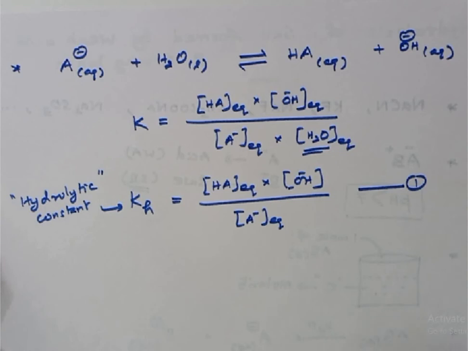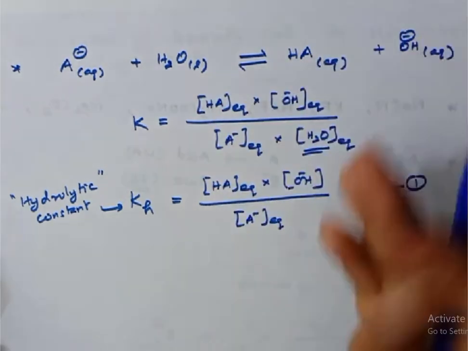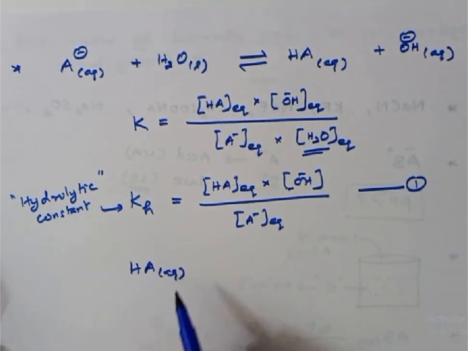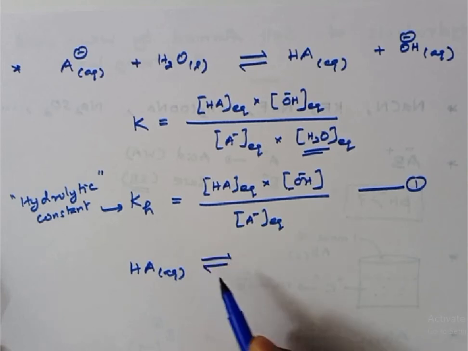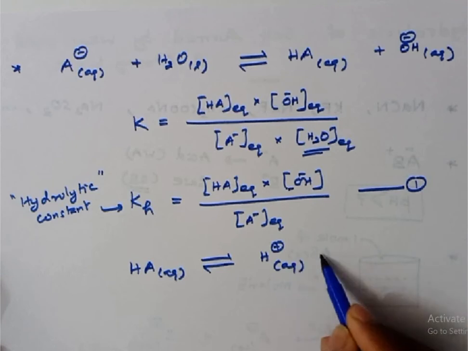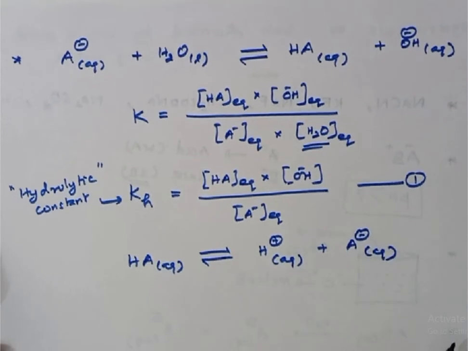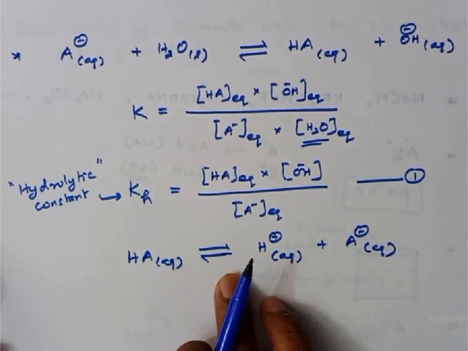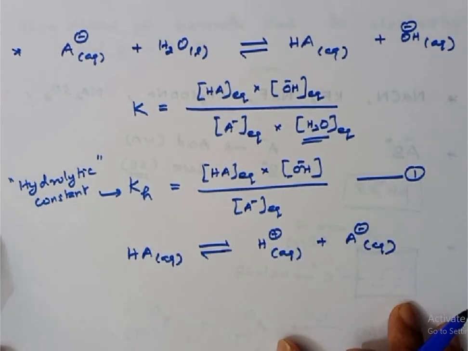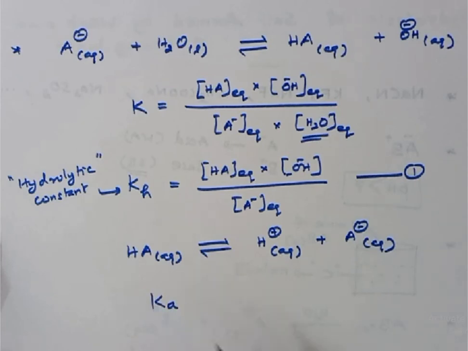Now here we are getting a weak acid, and you know very well a weak acid undergoes partial ionization. So let me write that equilibrium separately. The weak acid in aqueous medium will undergo partial ionization and produce H plus ion and A minus ion, and this dissociation also attains equilibrium. The equilibrium constant for this equilibrium is represented as Ka.